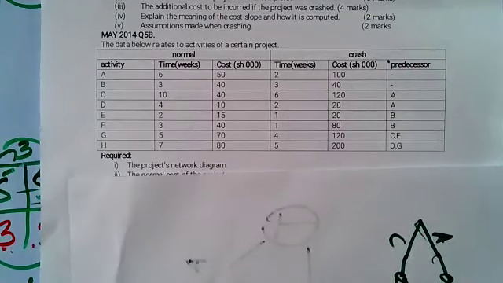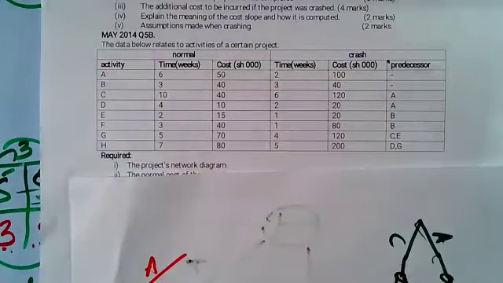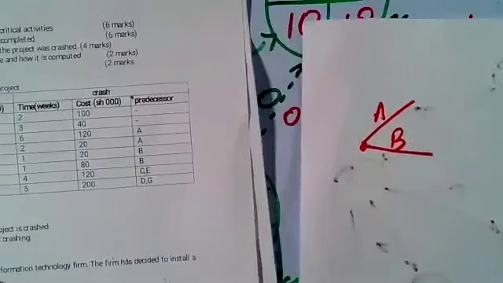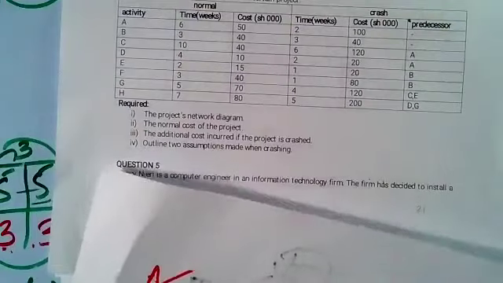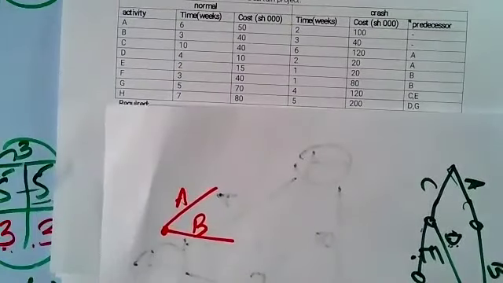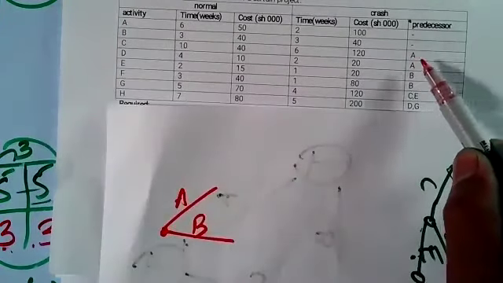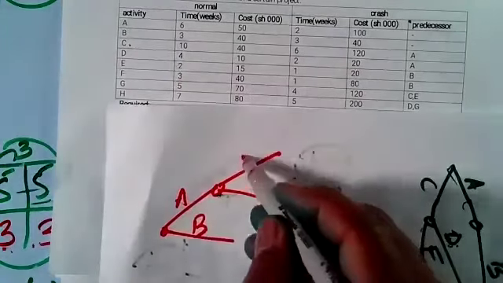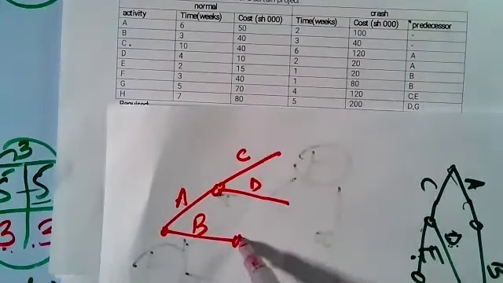The first one is activity A, the second is B. So from scratch, there are 2, A and B. Then A has 2 successors, that is C and D. Then B also has 2 successors.